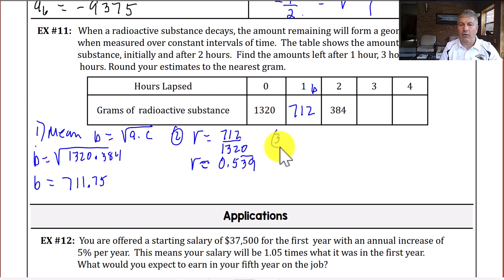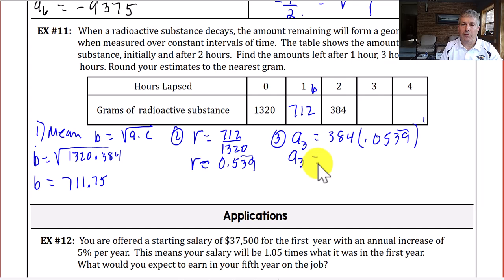Now we go on to the third thing, and we have to find a sub 3 and a sub 4. So a sub 3 will equal 384, because our ratio is the same, times 0.539, repeating, raised to the first power.